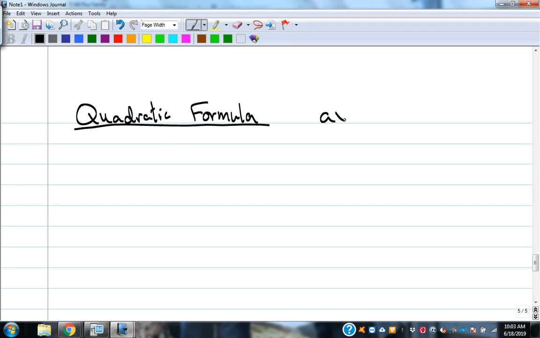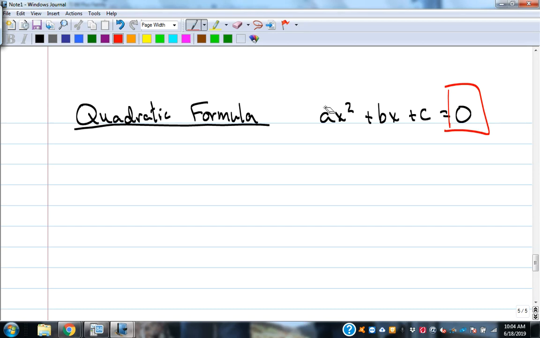And it comes from the standard form of a quadratic. And it's just like if we were doing it by factoring, the problem has to be equal to 0 to do the quadratic formula. Okay? To do the quadratic formula, you've got to make sure that you're equal to 0. If it's not equal to 0, work with it till it is. Then you can do the quadratic formula.